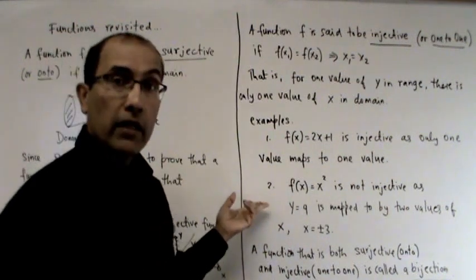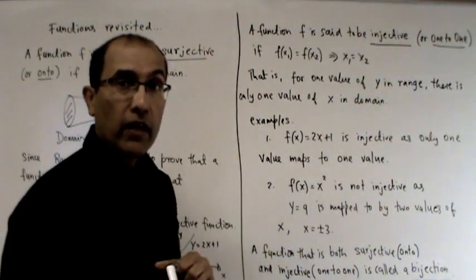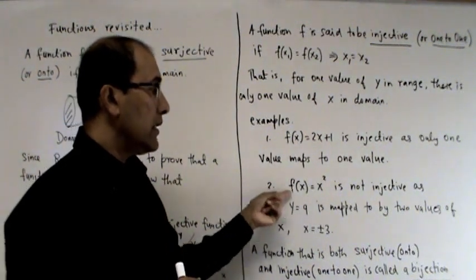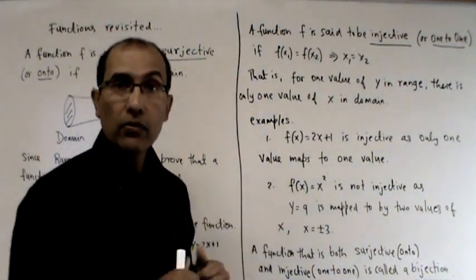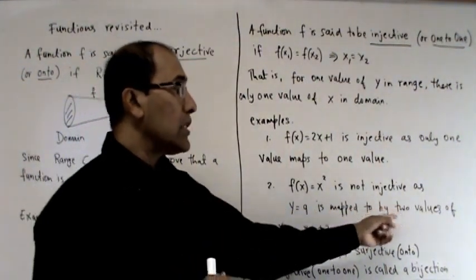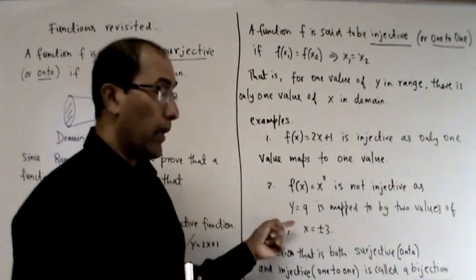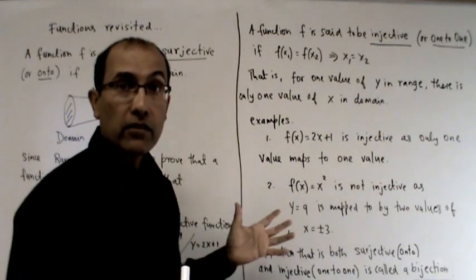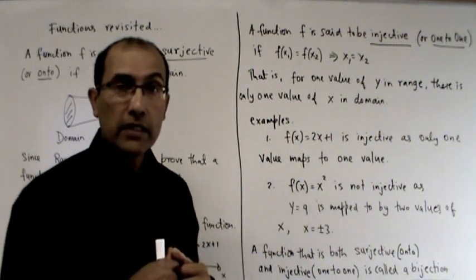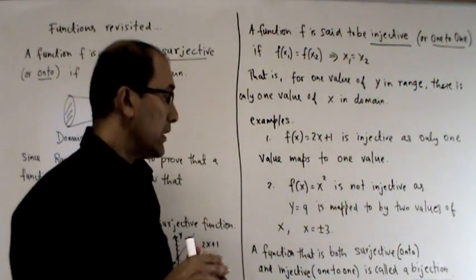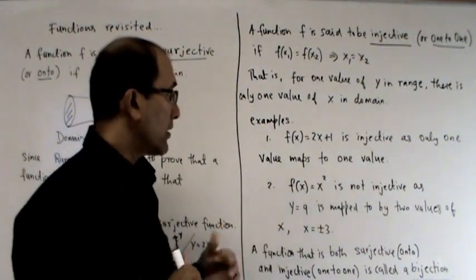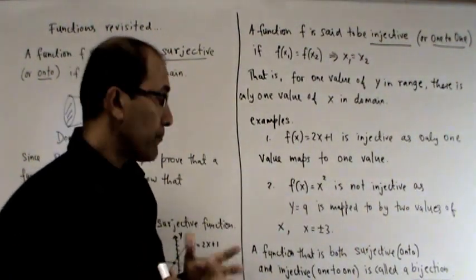But if you look at the quadratic function, x squared, that's not injective, as we can see that if I take a value in the range, y equals 9, that's getting mapped into by two values of x, plus 3 or minus 3. So that's not injective because it's violating the one-to-one criteria. In a one-to-one criteria, only one value can go into one value. So this is not an injective function.